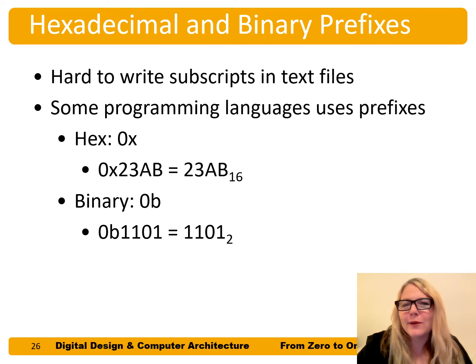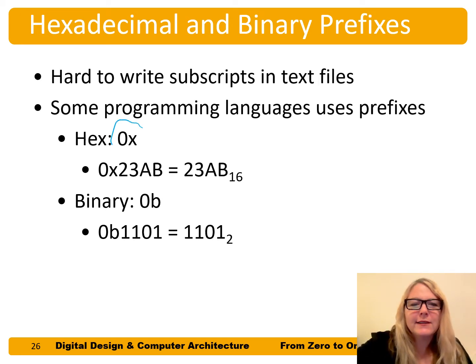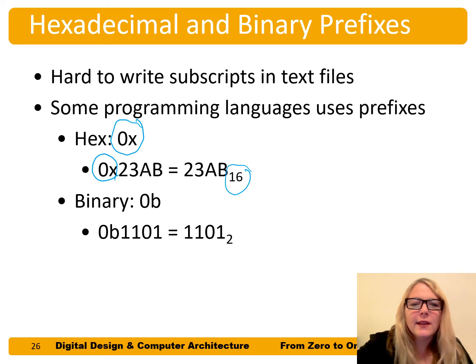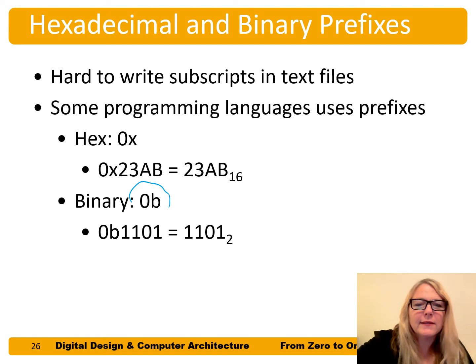It's hard to write subscripts in text files, and so many programming languages use prefixes. So for example, 0x, like we talked about, is an easy thing to type. This base 16 is hard to type, especially in a program, for example, in a C or Java program. And we can prefix binary numbers with 0b.